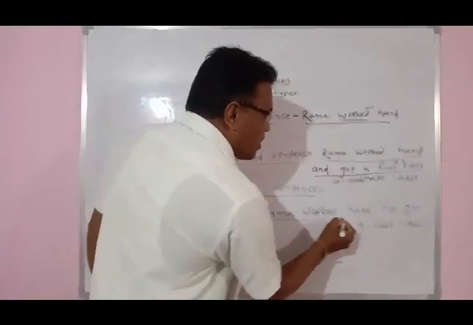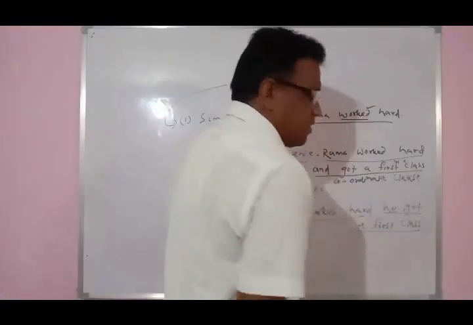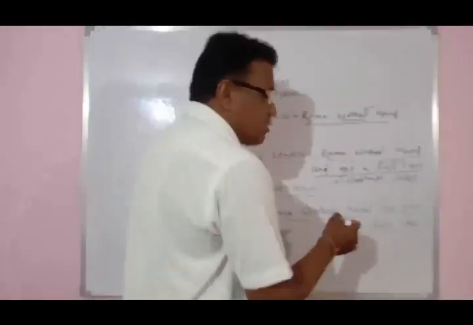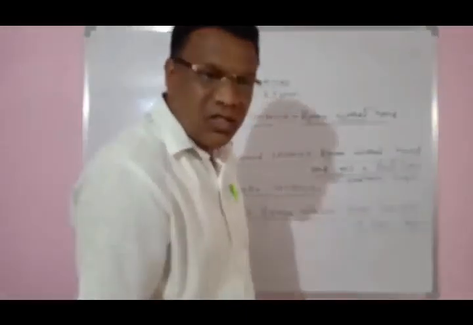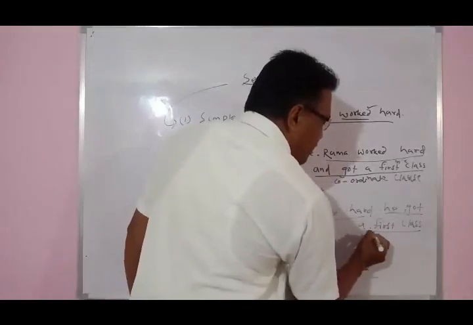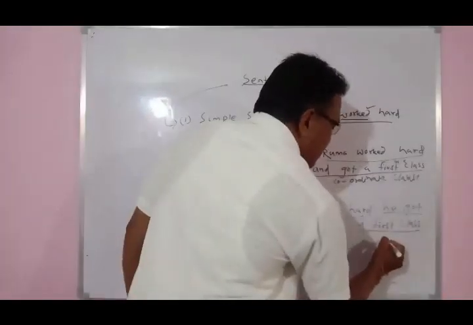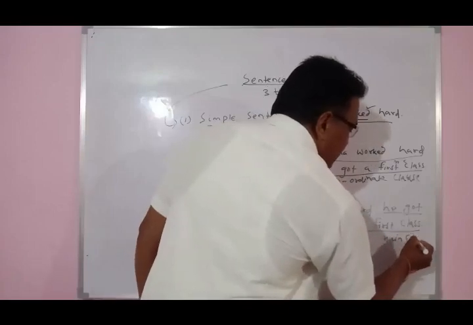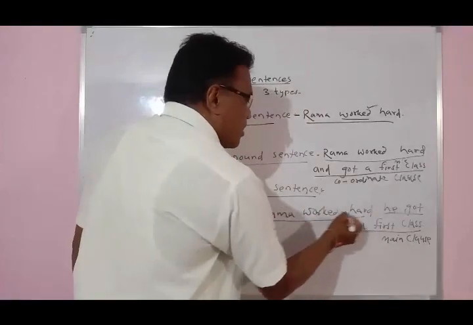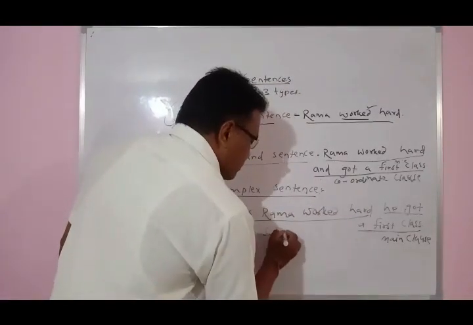One is main clause, another is subordinate clause. Here, he got a first class is main clause, and as Ramo worked hard is a subordinate clause.